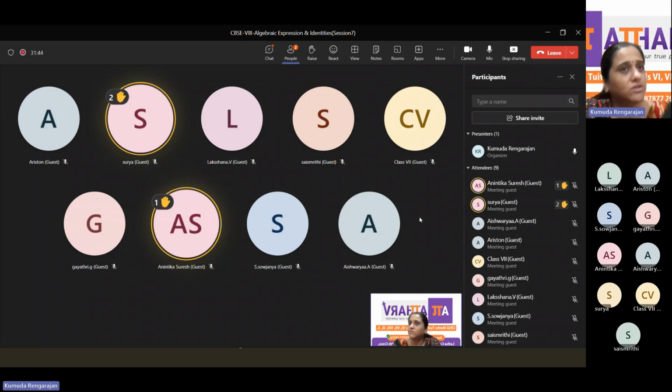Aishwarya has finished. Since the others have not finished, can we push this discussion to the next class, so that the others online also finish? Then I just show the final answer, you can check and get your doubts clarified.